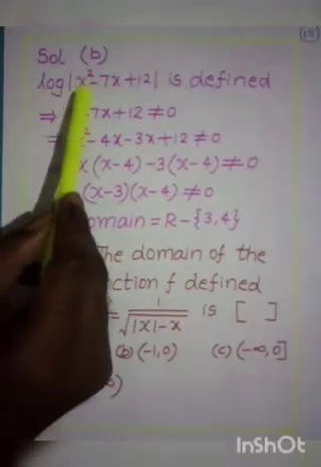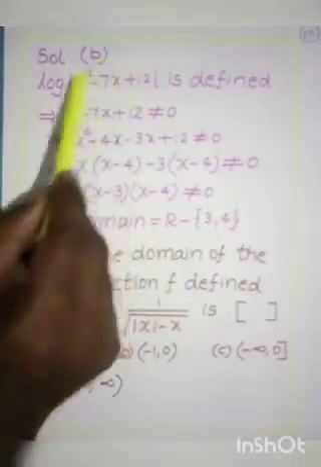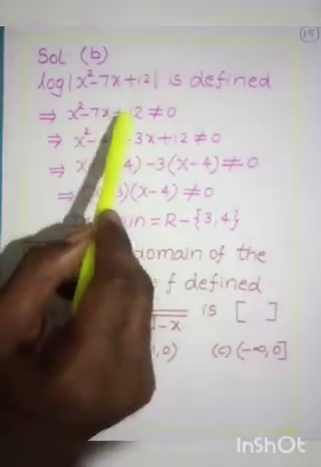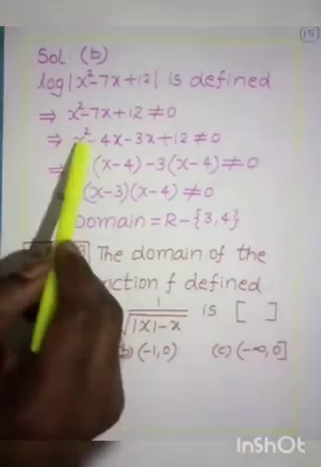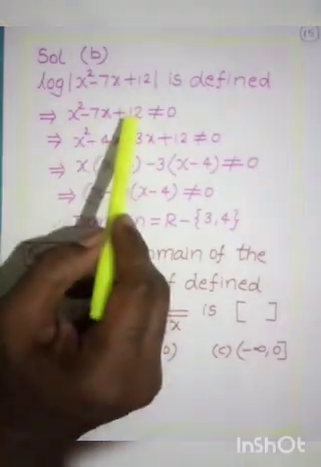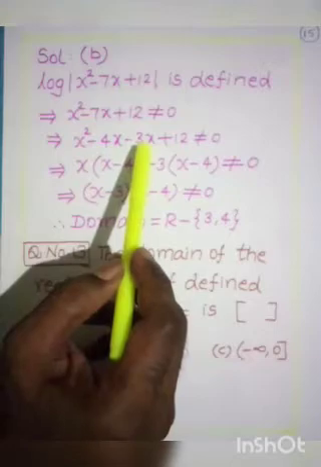Here log of mod x square minus 7x plus 12 is defined when this function is not equal to 0. That is, x square minus 7x plus 12 is not equal to 0. This is a quadratic expression. We find the factors for this quadratic expression by using the splitting the middle term method.